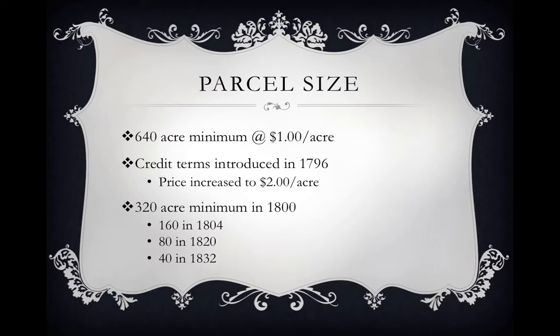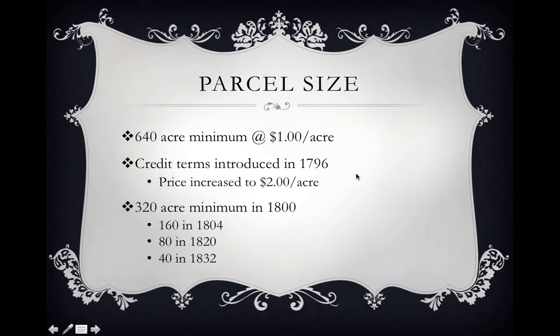So realize that the acreage minimums were too high, and people just could not afford to purchase these. You had to pay cash, gold and silver, to get this acreage. Credit terms were introduced in 1796. They realized that they couldn't get rid of this land, that it was too expensive, that only wealthy individuals could afford to buy land.